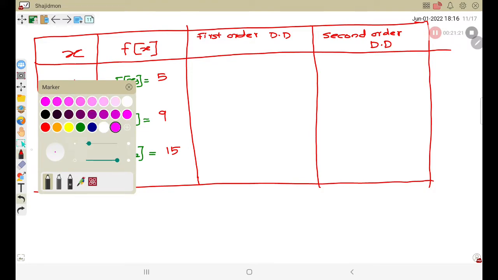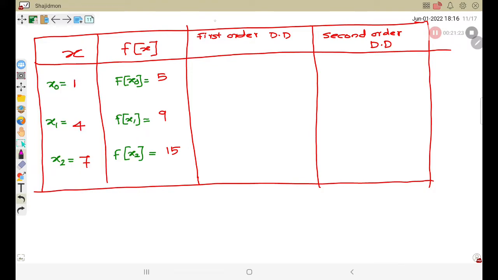First order divided difference means how many numbers do we take at a time? 2 x numbers. Second order means 3 x numbers at a time.